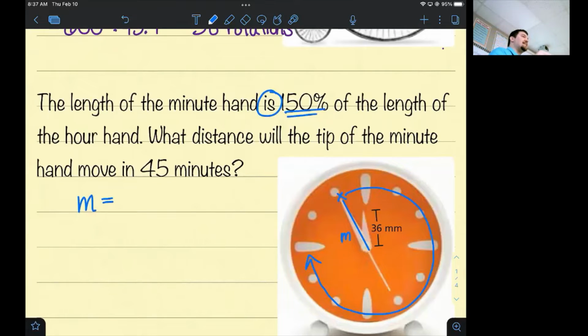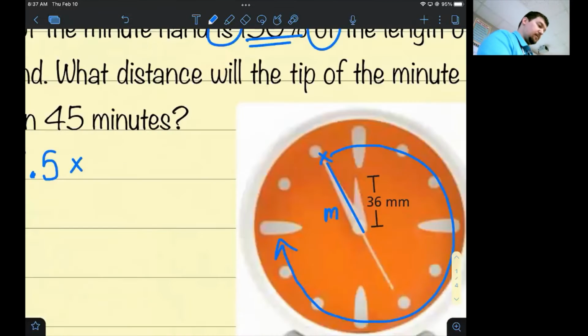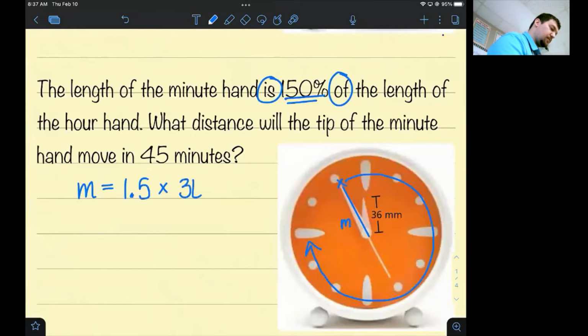What is that as a decimal, Frank? 1.5, okay? Times the length of the hour hand, which is actually given to us as 36. So if I just take 1.5 times that 36, that's going to tell me how long the minute hand is. What is that, Rayleigh? 54. Excellent. So my minute hand is 54.